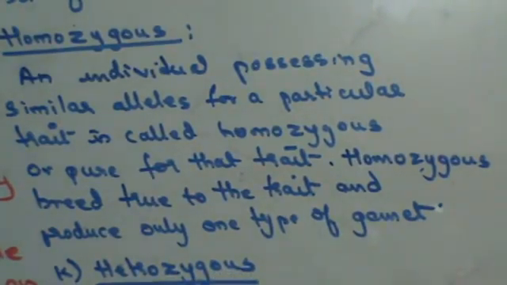Next, heterozygous. When the individual possesses dissimilar alleles for a particular trait, then that is called heterozygous. Fine, do we get this thing here? So what is heterozygous?